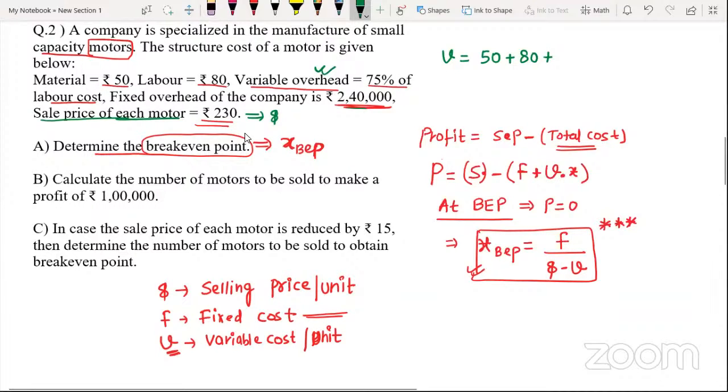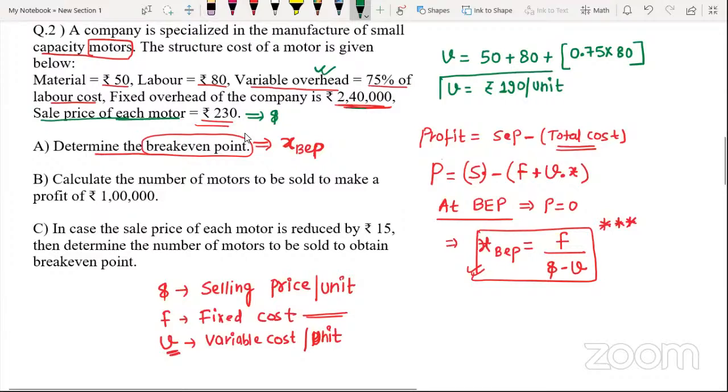The labor cost is 80. So small v we can find from here, that is rupees 190 per unit.